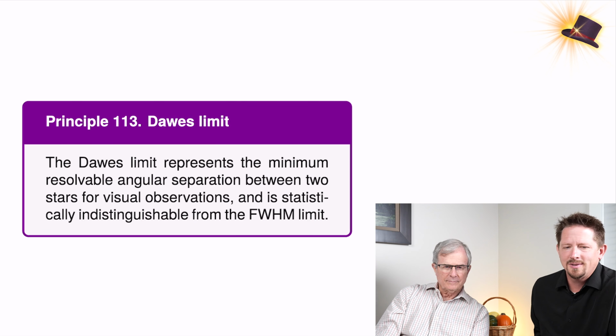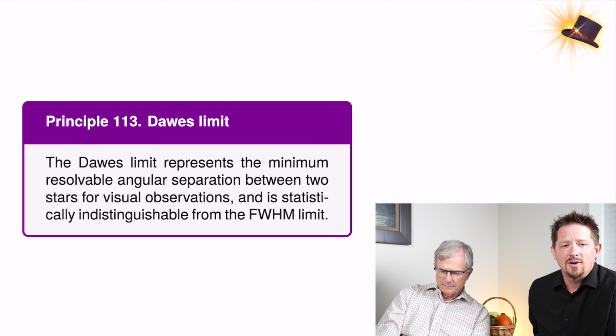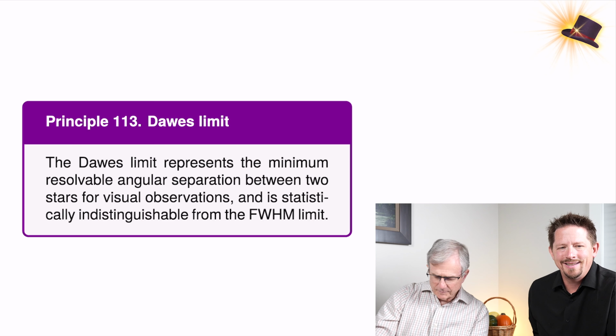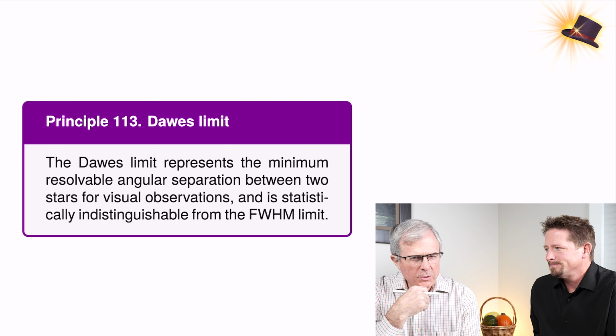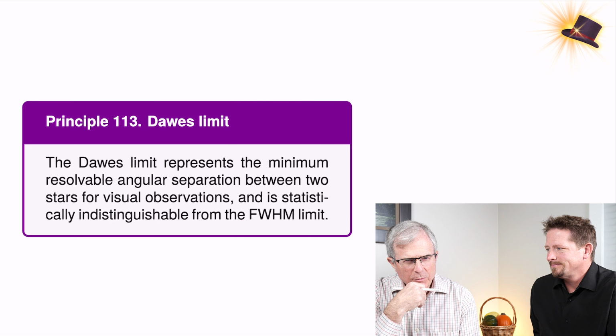Dawes limit 113. This Dawes limit represents the minimum resolvable angular separation between 2 stars for visual observations and is statistically indistinguishable from the full width half max limit. So who's Dawes and why should I care about him? He was not a dairy farmer as far as I know.